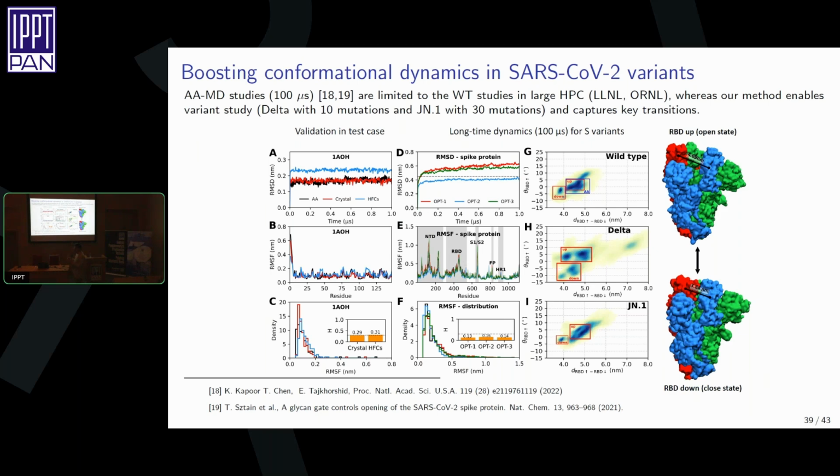At the moment, we are still at the length scale of hundreds of... We are not even yet at the micrometer length scale. We are at the nanometer, tens of nanometers. This is more or less the size of the spike protein, 30 nanometers.